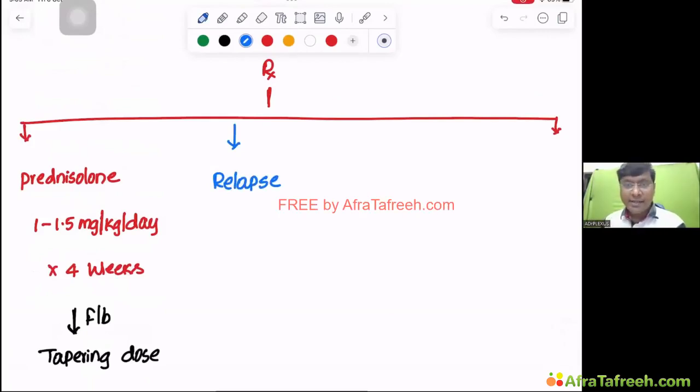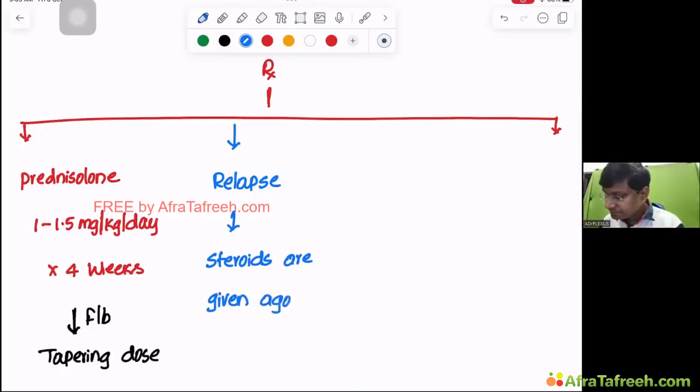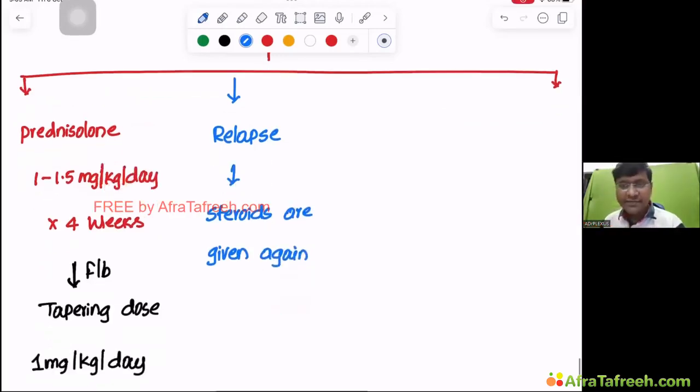Okay. And if the relapse occurs, the steroids are given again.